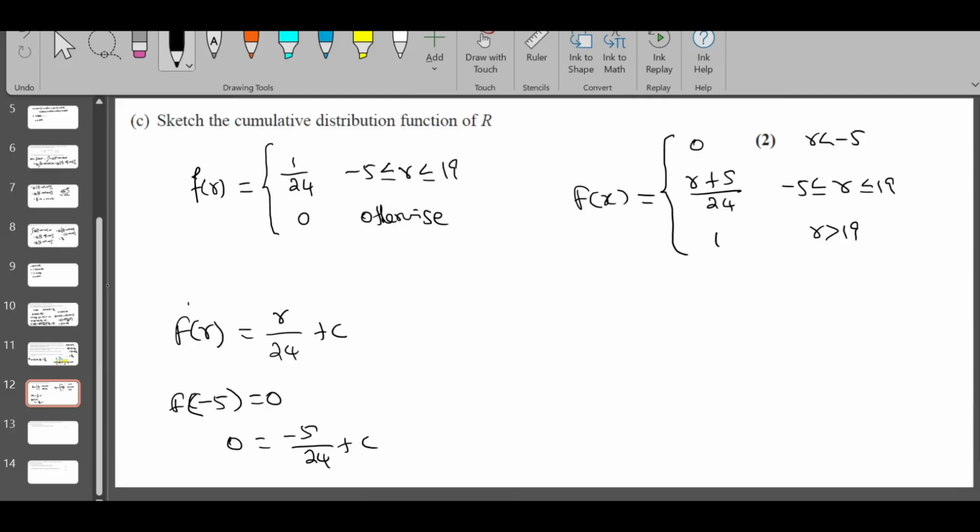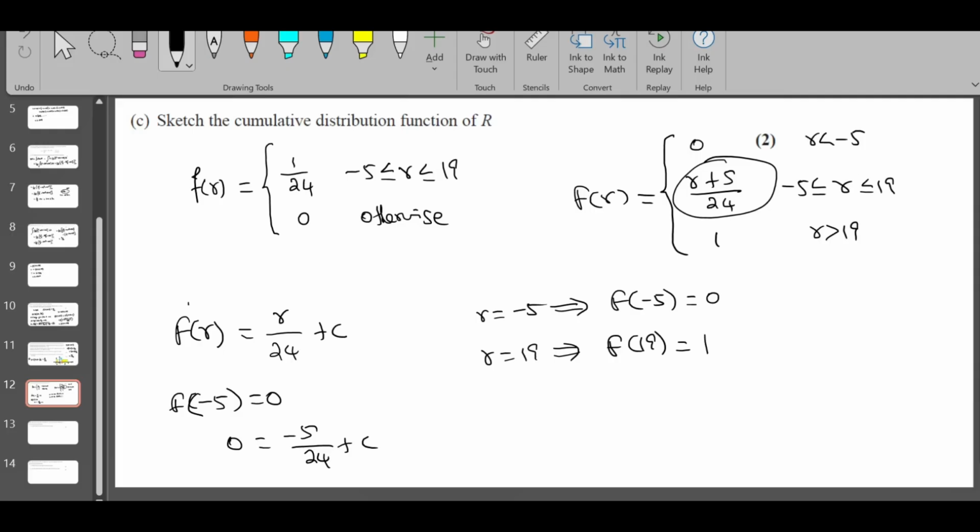So this is a straight line, F of r, don't put x. If you replace r by minus 5, F of minus 5 would be 0. If you replace r by 19, F of 19 is going to be 1, right?